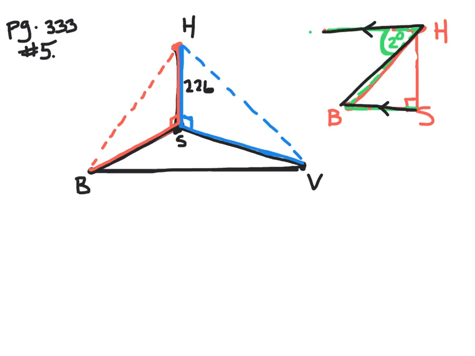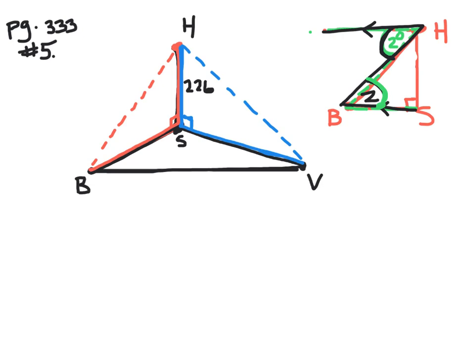And we know the interior angles of a Z pattern are the same. That's why they have the same definition. The angle of depression is the hot air balloon looking down at the town of Beamsville, and the angle of elevation is the town of Beamsville looking up at the hot air balloon. Both are 2 degrees.